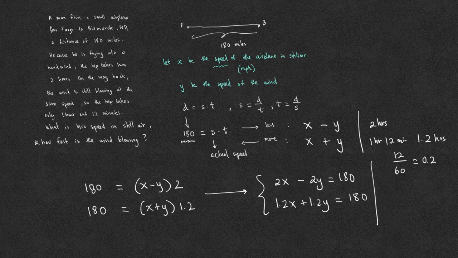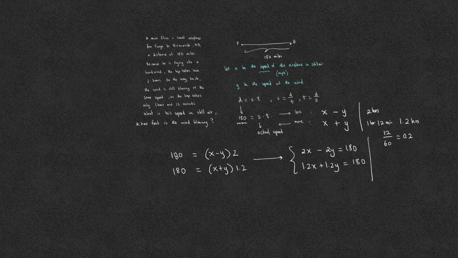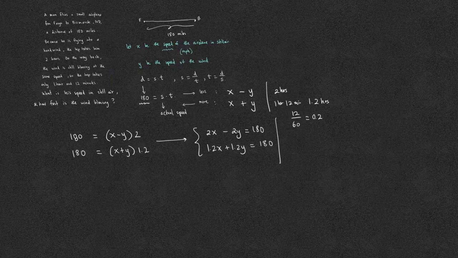We can now forget about the word problem and focus on solving this system of equations using either the elimination or substitution method. Before we decide which method to use, observe that we can obtain a simpler system of equations. We divide both sides of the first equation by 2 to obtain x minus y equals 90.